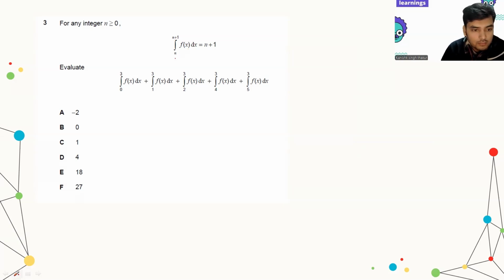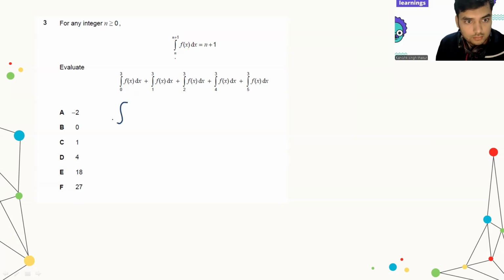How will we do this? See, n to n plus 1. Suppose I have to find 0 to 3, right? So I put n equal to 0 here.